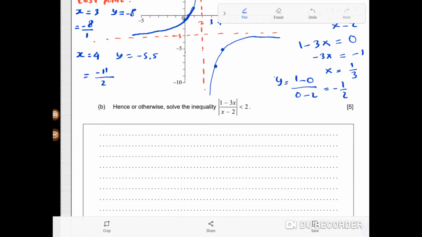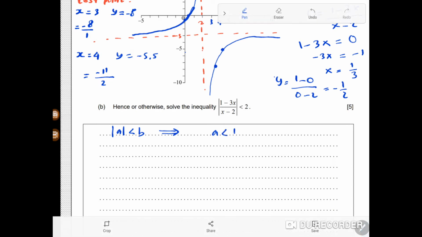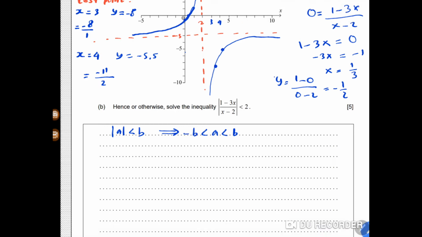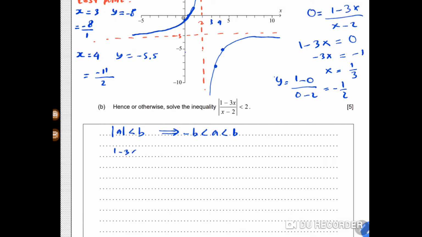When we have the absolute value of A less than B, it gives A less than B and A greater than negative B, so A is greater than negative B and less than B. You can find this one by one, which makes it easy to get the answer. So we have (1 minus 3x) over (x minus 2) equals 2.